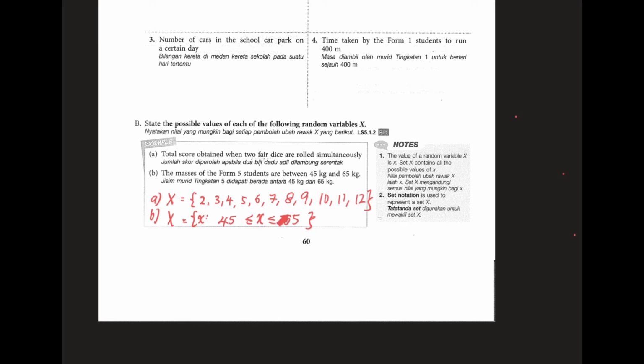Writing down one by one is not possible because there are too many numbers to write. Like all the integers from 45 to 65, as well as unlimited numbers of decimals like 45.3, 45.25, so all kinds of decimals are accepted, so that's why we write it as an interval. Okay, so let's move on.